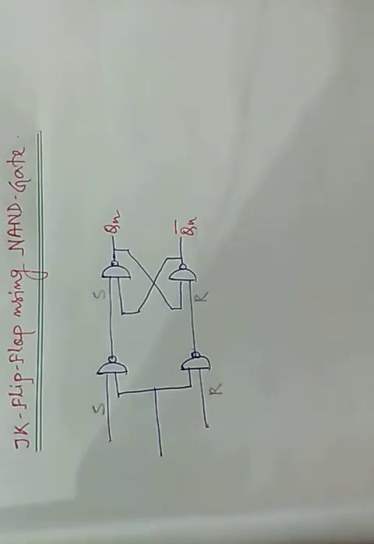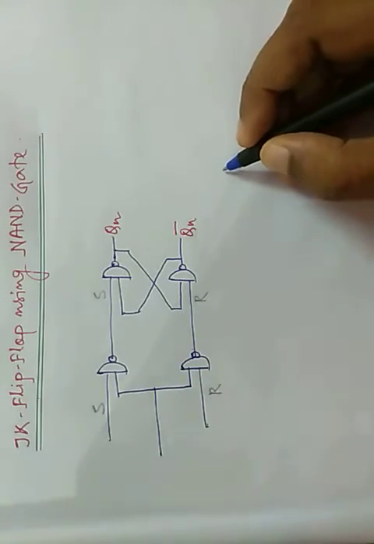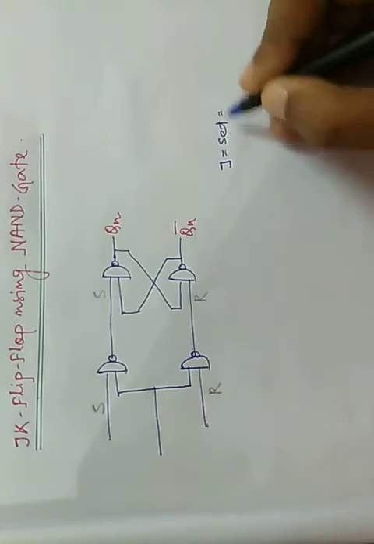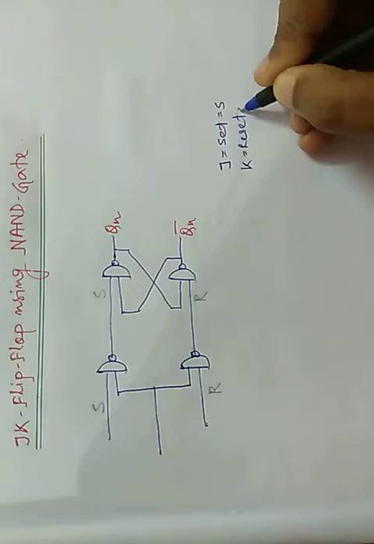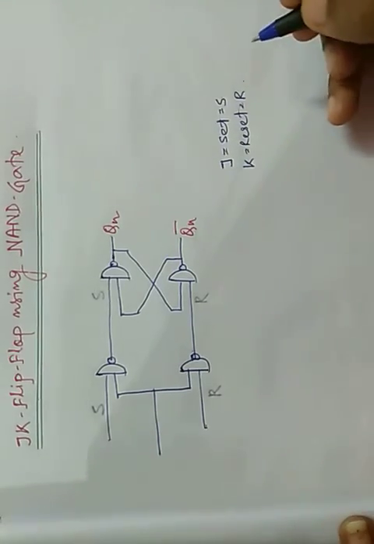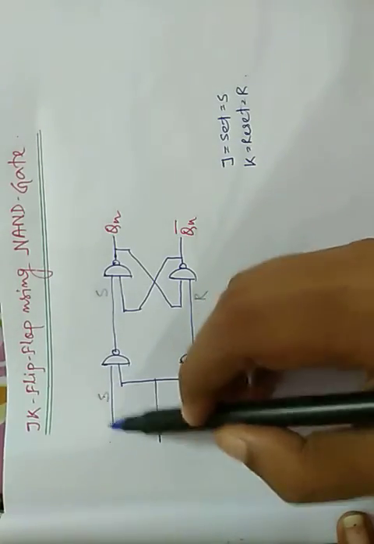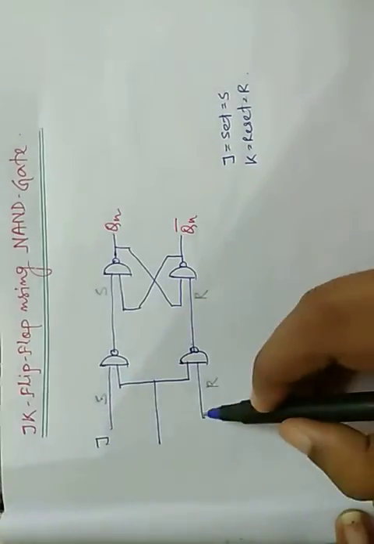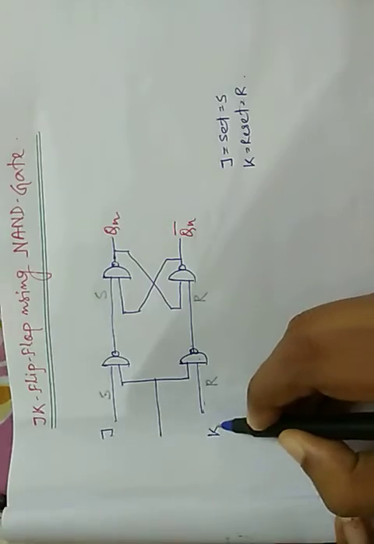Okay, now for JK flip-flop, we know that J stands for set, that is, it acts as S in SR flip-flop, and K stands for reset, acting as R. So as S is the input signal in the upper gate, we write J in the upper gate, and as R is the input in the lower gate, we write K in the lower gate.